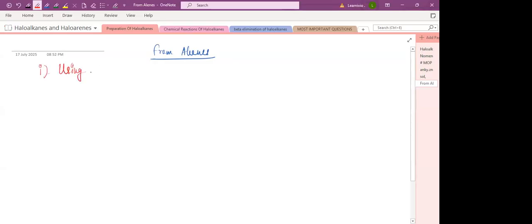So from alkene, we can use halogen acid to prepare the haloalkane. Either it can be HCl, HBr, or HI, etc. Now there are two conditions. There are two cases you can say.